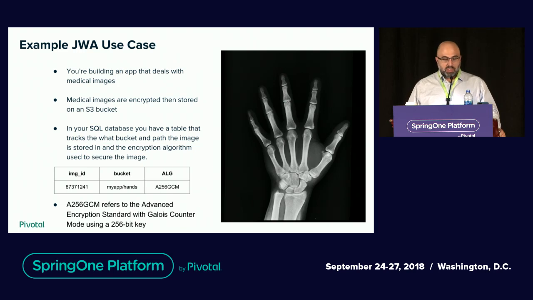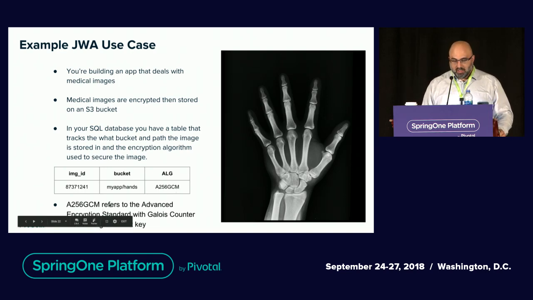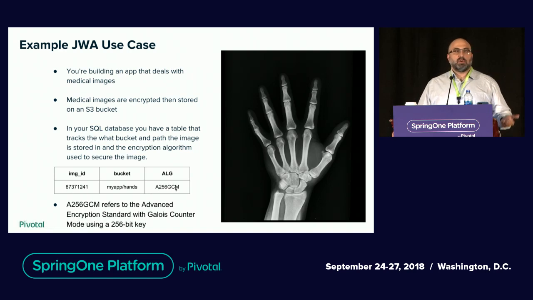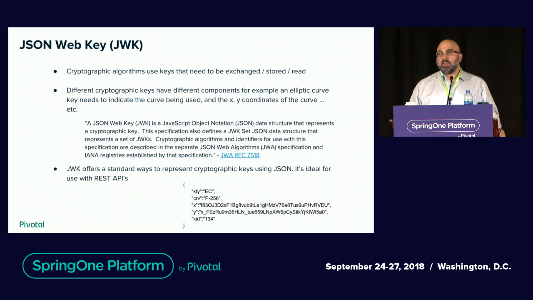So you could just go into the JWA spec and say, great, this is my image ID, this is the bucket I'm going to put it in your database, and this is the algorithm that I use. So that's AES 256, a known good algorithm for encryption. So knowing these standards is actually useful for situations like this. Okay? So that's the JWA. That's all there is to it.